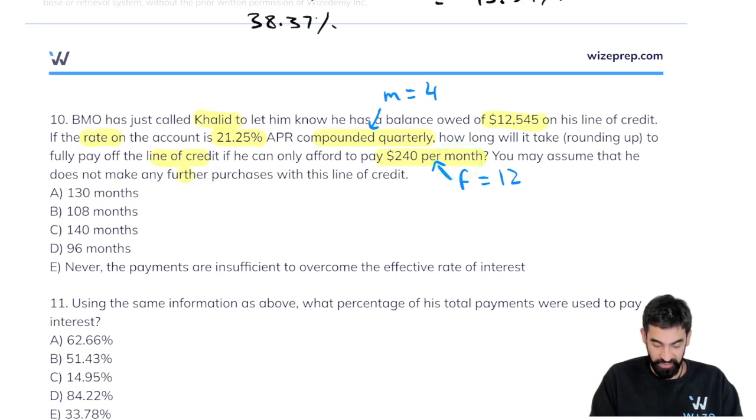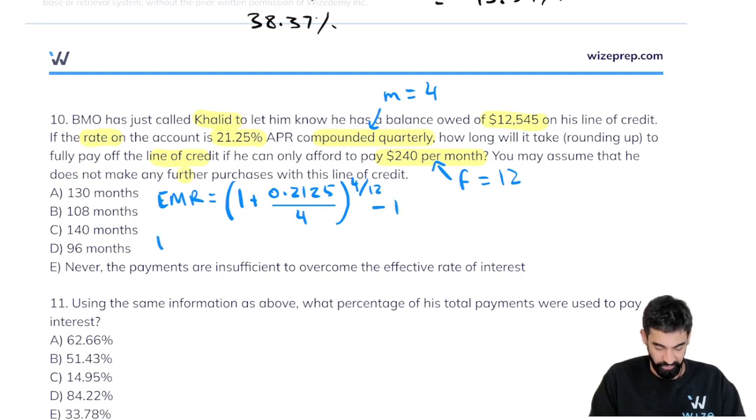So that means you have to find the effective monthly rate, or EMR, which is 1 plus the APR, that's 21.25%, divided by M. M is 4, to the power of M over F, which is 4 over 12, minus 1. This will give us our effective monthly rate.